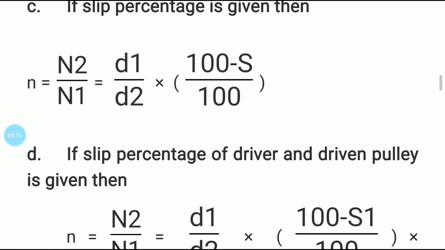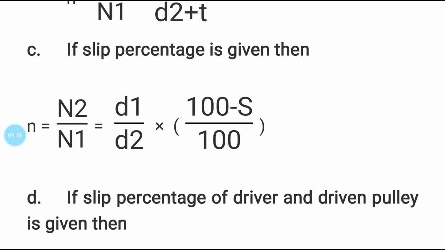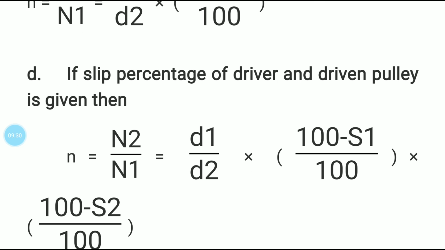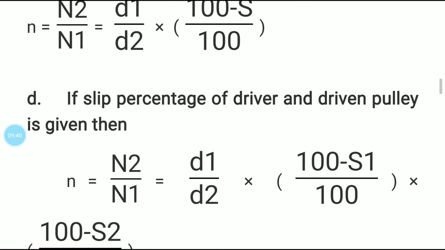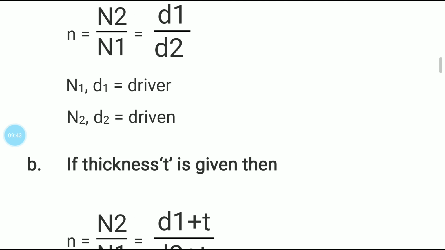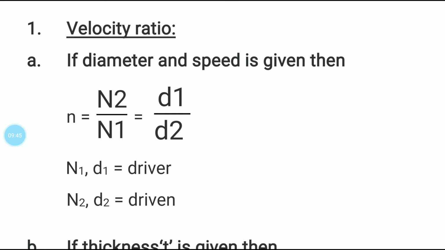If only one slip is given, then the C formula: n equal to n2 by n1 is equal to d1 by d2 into 100 minus s divided by 100. If the slip percentage of driver and driven is given, then the D formula will come. Again, I want to explain the velocity ratio formula. There are four categories. First category, if diameter and speed is given, then there is one formula.